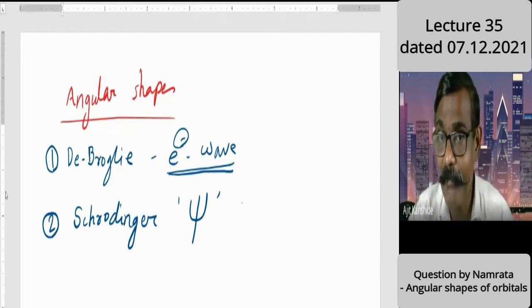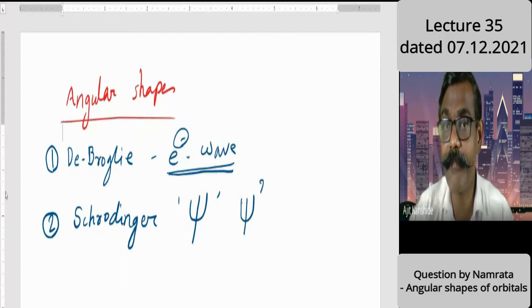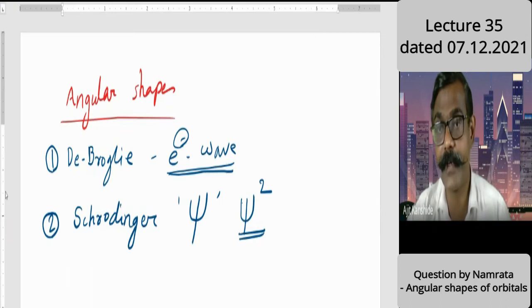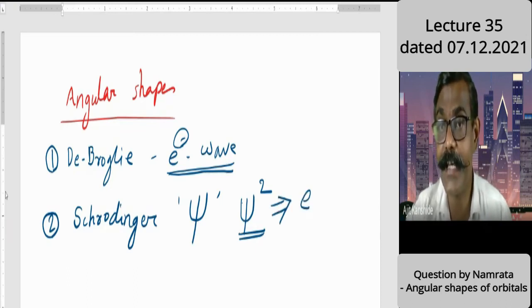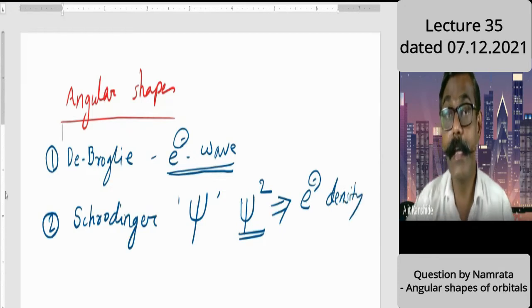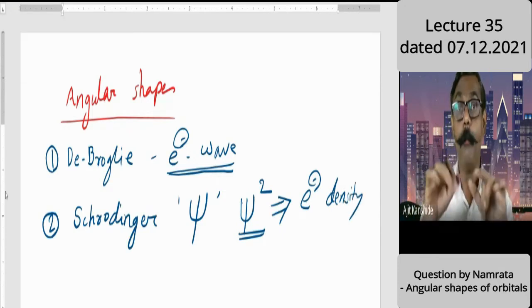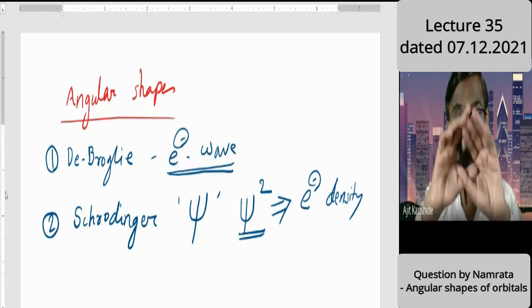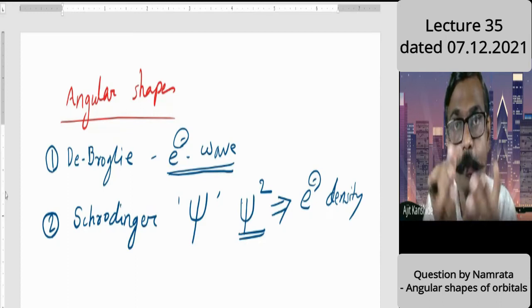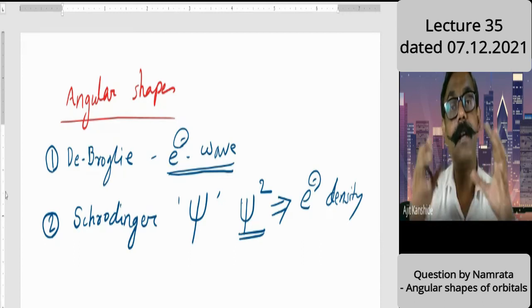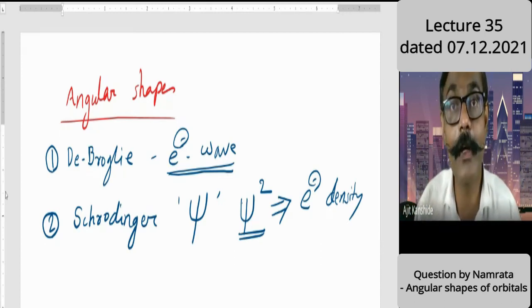But you might have heard that psi square of that wave function has the physical significance, and it signifies electron density, or more correctly, the probability of finding the electron. We understand the electron as a cloud, as a nebula. Where is more electron cloud, where it becomes less, and ultimately where there is no possibility of electron.